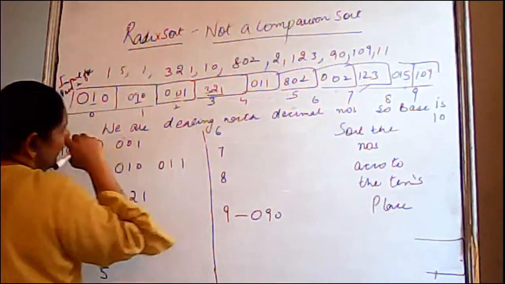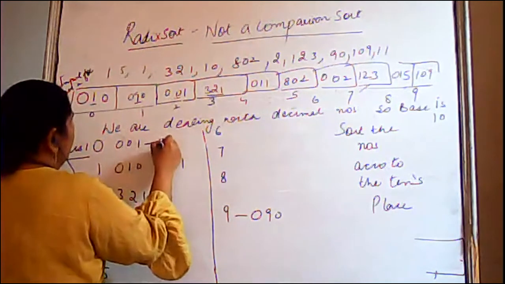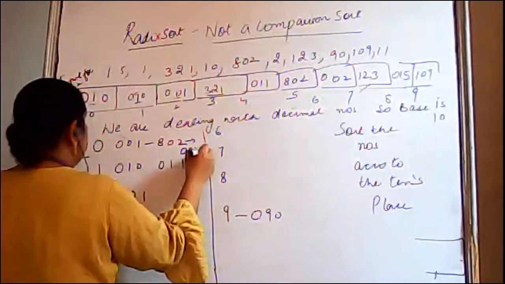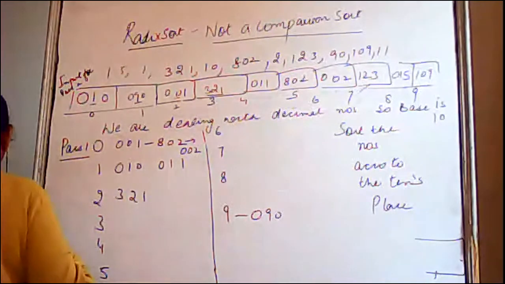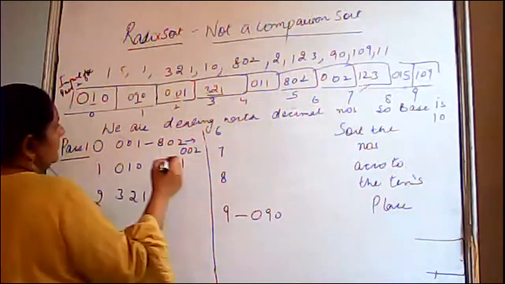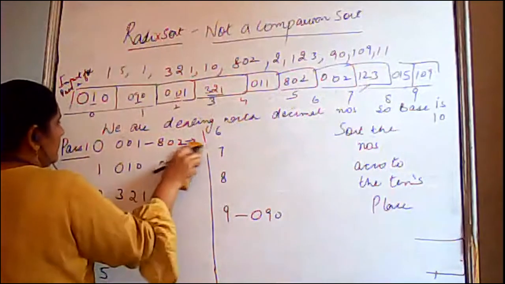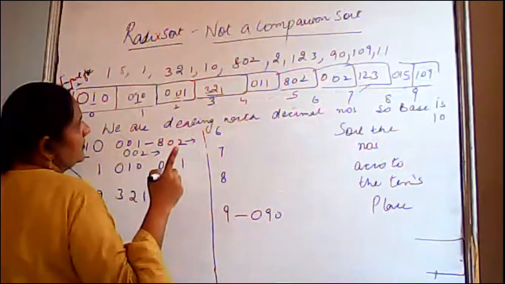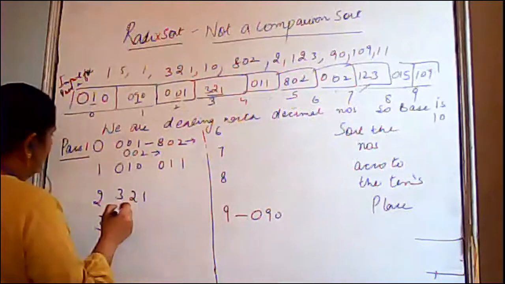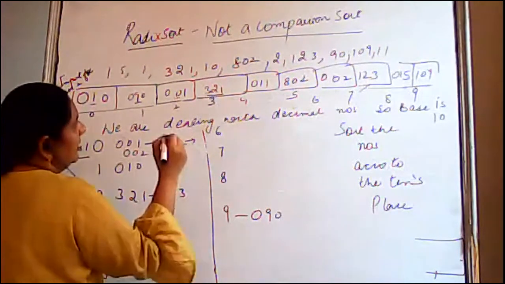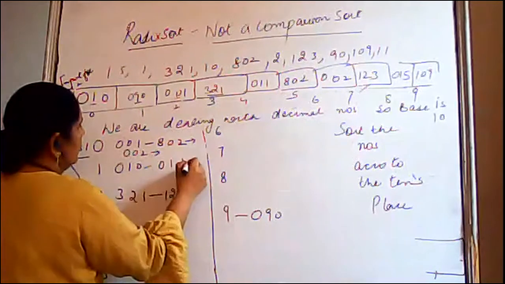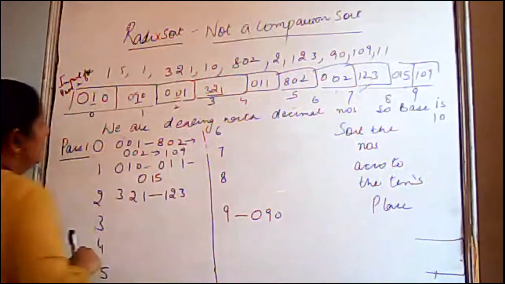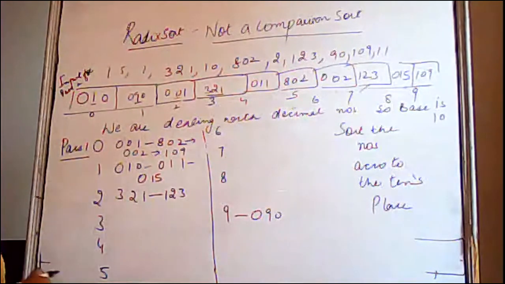Next is 802, so 802 will be here, and again 002. We have done 123, so 123 will be here. And 015 will be here. And 109 will be at the last. So this is how your second pass will be over.